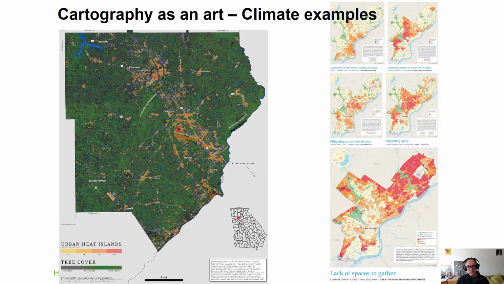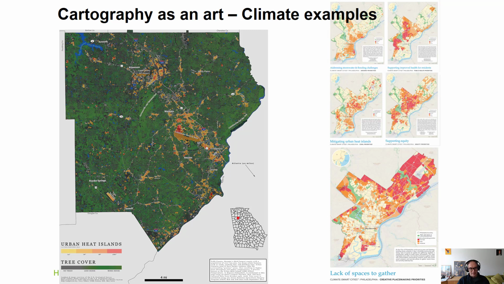Last but not least, a couple more examples, especially in the context of climate change, since our course is about using GIS in climate change. Here we have mapping of urban heat islands, and it shows us another basic principle: associative colors.